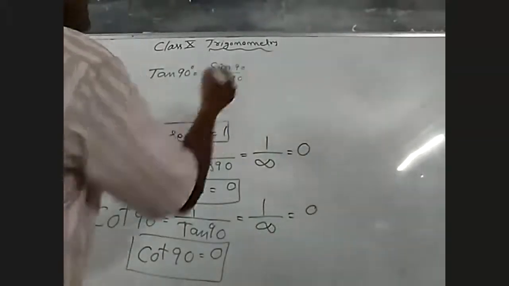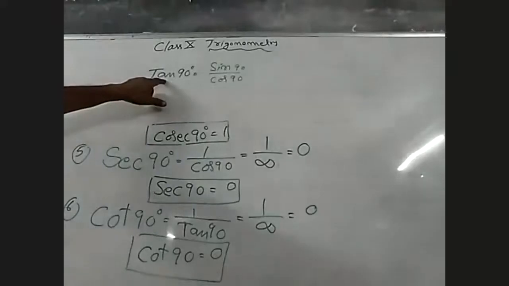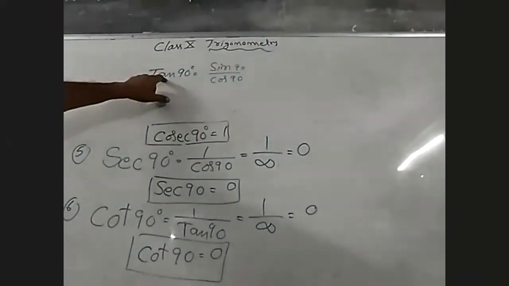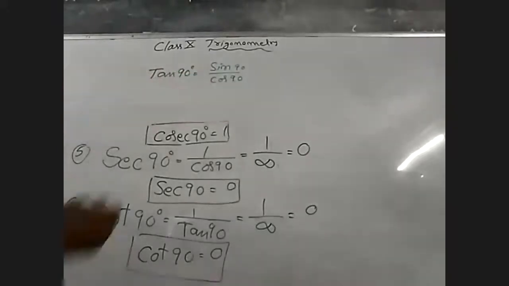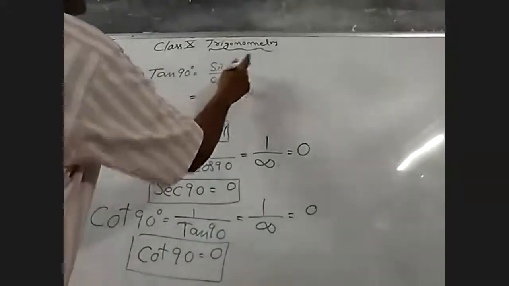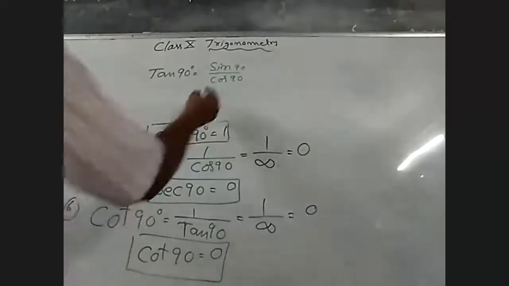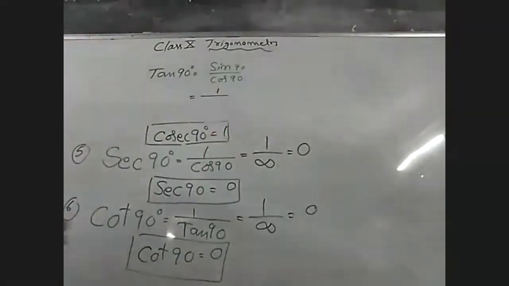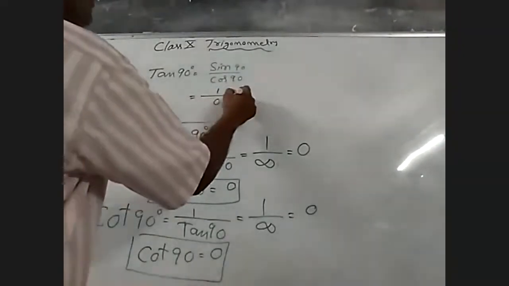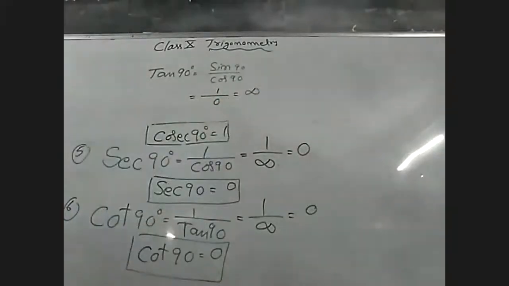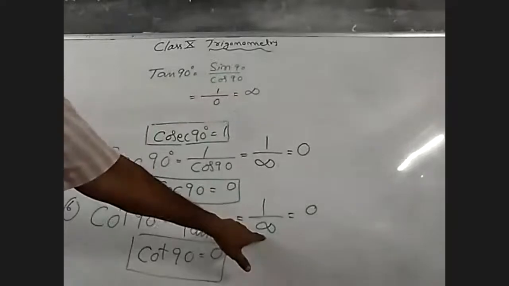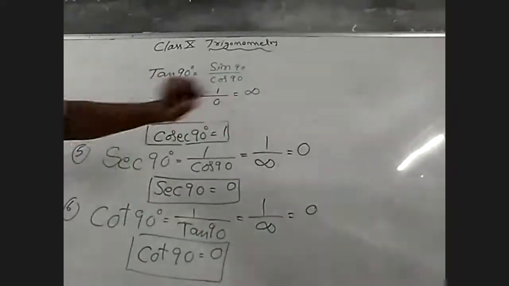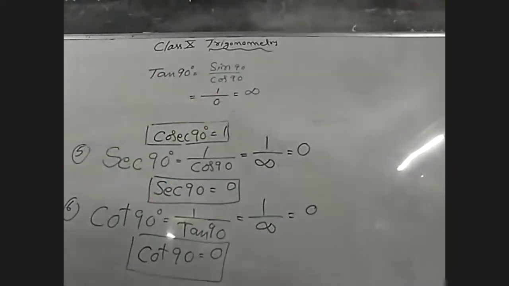You know that tan theta is equal to sin theta by cos theta. So sin 90 is 1, cos 90 is 0. Therefore it is infinity. కాబట్టి tan 90 is equal to infinity. సో tan 90 infinity ఈ విధంగా కూడా మనం దాన్ని ఐడెంటిఫై చేసుకోవచ్చు.